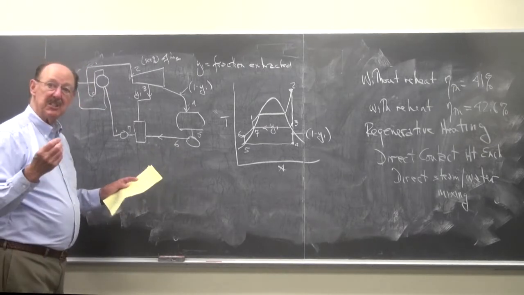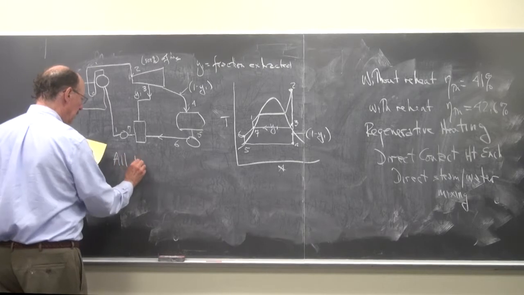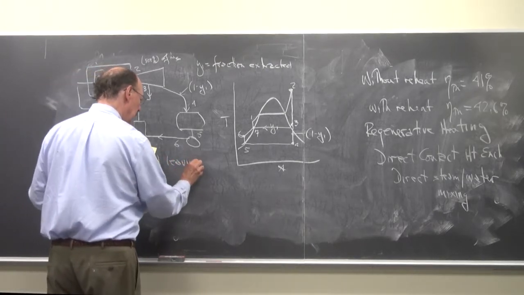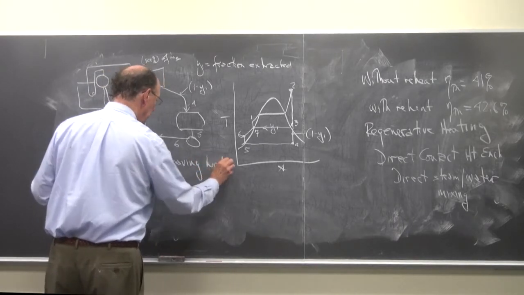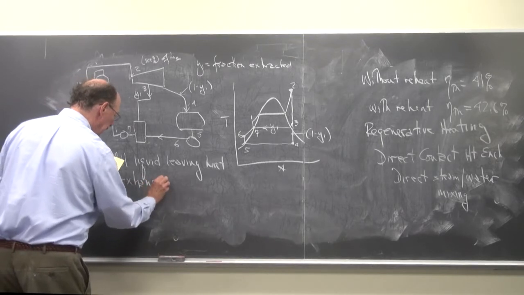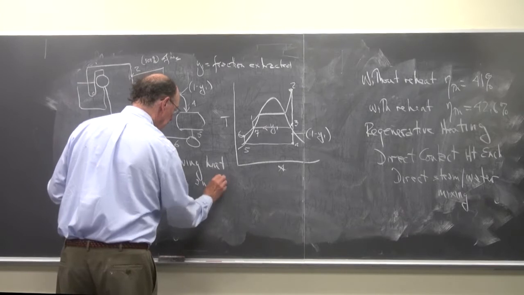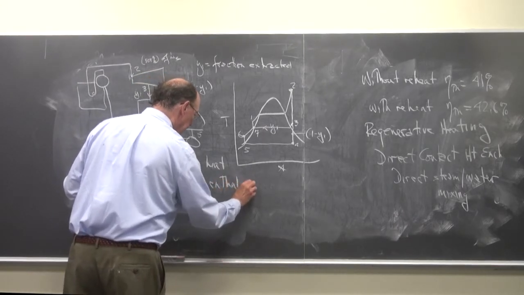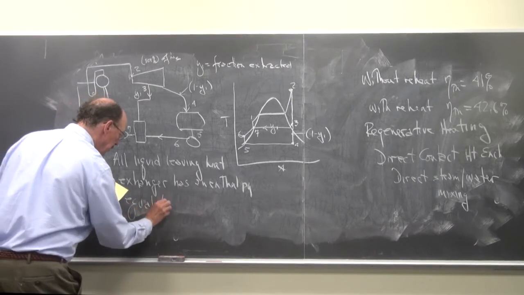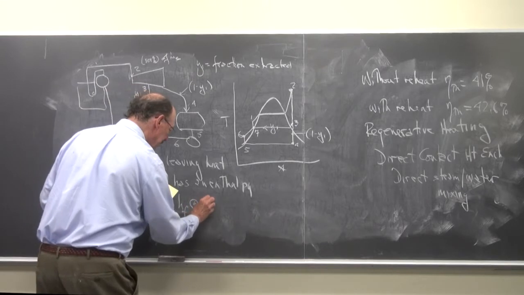So we make some assumptions about this cycle. All liquid leaving the heat exchanger has an enthalpy equal to HF at the extraction pressure.